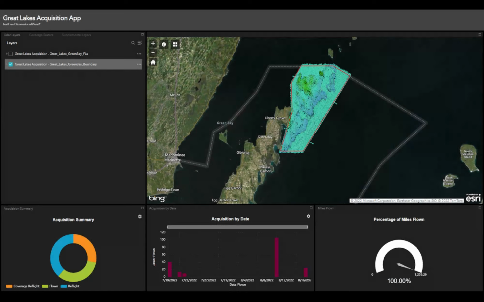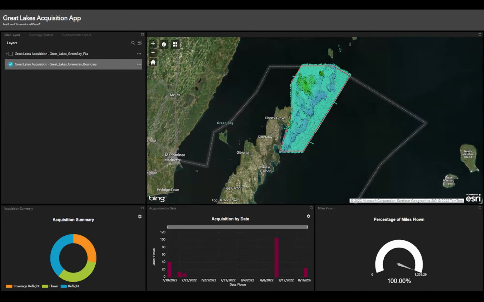Working with our contractor on this, Dewberry, what was really interesting with this field season is they developed this on-screen dashboard that you're all seeing here that allowed us to see day in and day out the collection effort as it was underway. They'd go out, collect during the day, come in, download the data, and we could see how much area was collected or how many flight lines were completed for that given day.